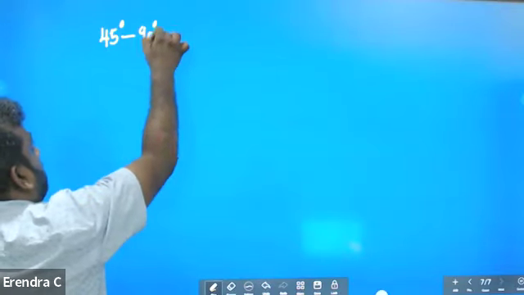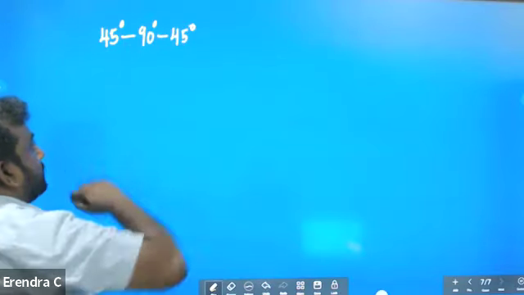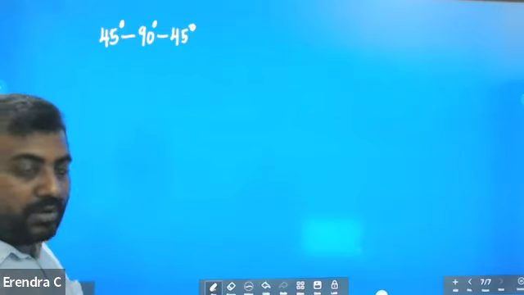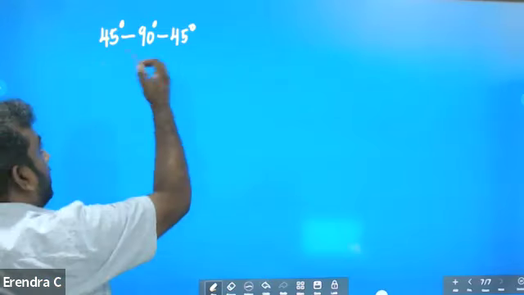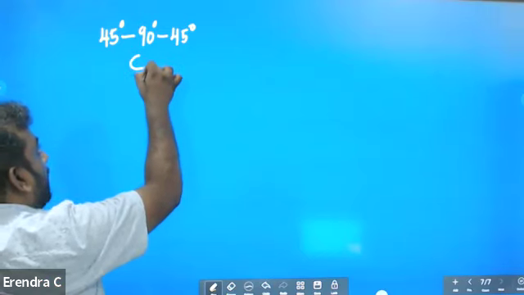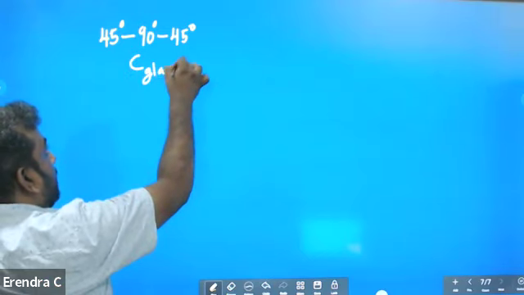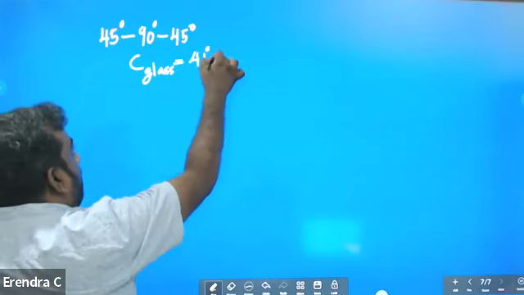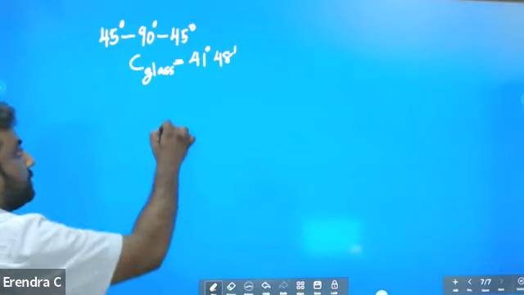Finally, you can also use prisms as reflectors, especially the 45, 90, 45 prism, because total internal reflection can take place. Normally, the critical angle for glass is about 41 degrees 48 minutes.